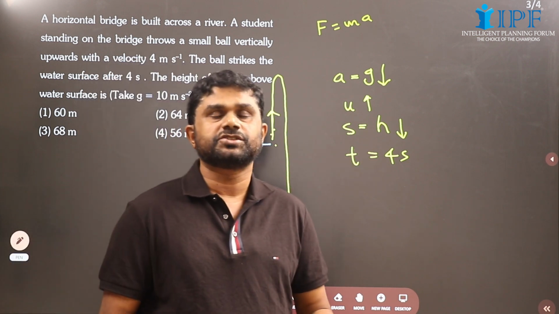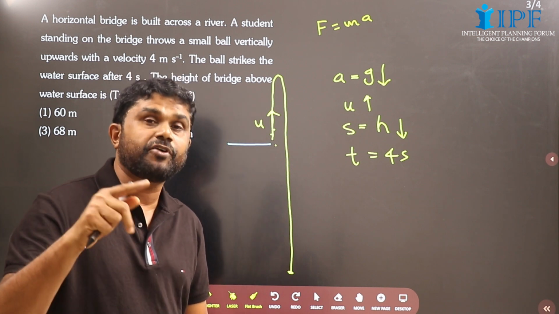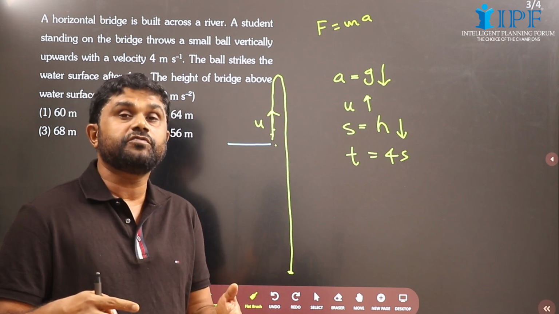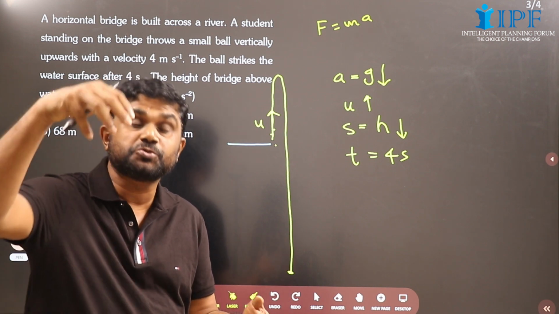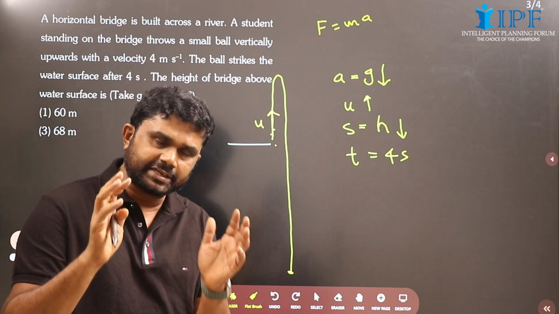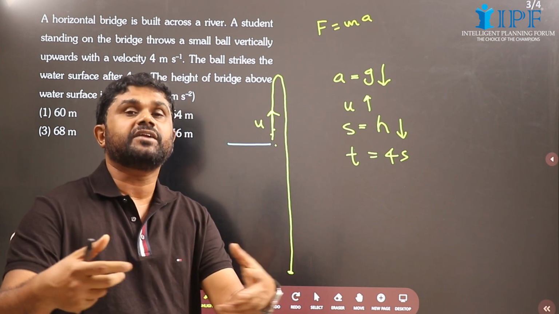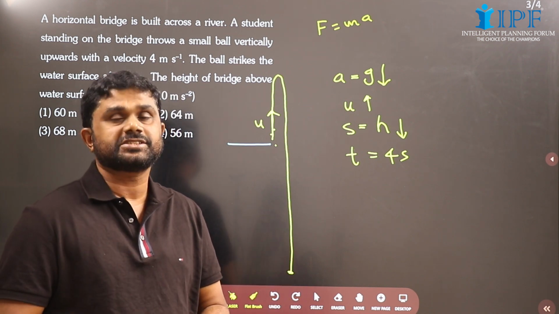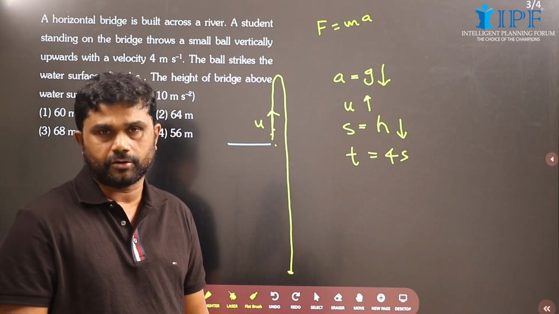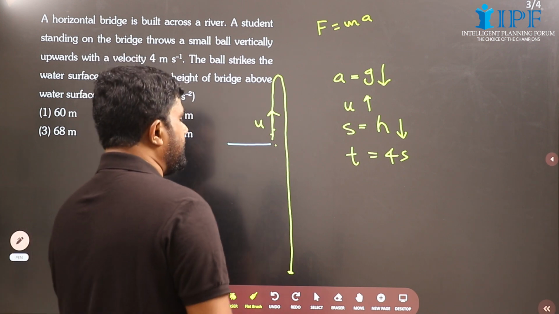Of these, two are directed vertically down and one is directed vertically up. Let us take the downward direction as positive because two quantities are directed vertically down. Even otherwise you will get the correct answer, but just for our convenience, let us take downward positive. Then s equal to ut plus half at square I am going to apply.